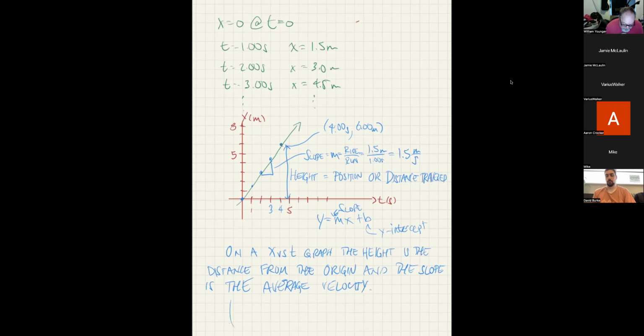So right here, the slope is positive, whereas right here, the slope is negative. So it includes not only the magnitude, but also the direction. A negative slope would indicate it's going back towards the origin, whereas a positive slope would mean it's going away from the origin.